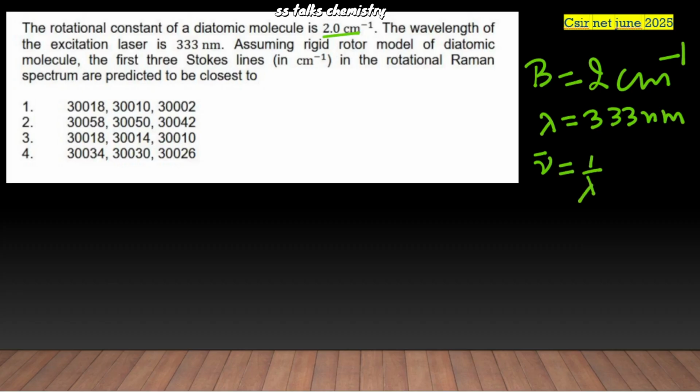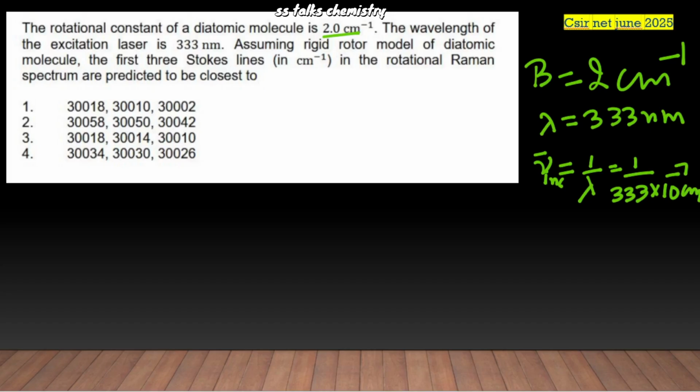So for the incident radiation you can find the wave number, that will be 1 upon 333 into 10 to the power of minus 9 meters, but we need it in centimeters. So 1 meter is 100 centimeters, so it will become 10 to the power of minus 7 centimeters.